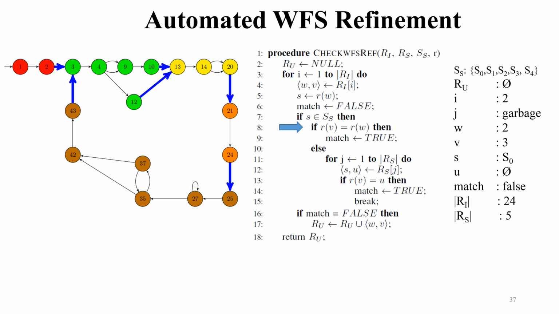Going to line 8, we check if the refinement map of V is equal to the refinement map of W. From the figure, 2 belongs to S0, but 2 and 3 have different colors, which means they belong to different states. So this if condition is false. So it goes to the else part. Here J is initialized to 1.